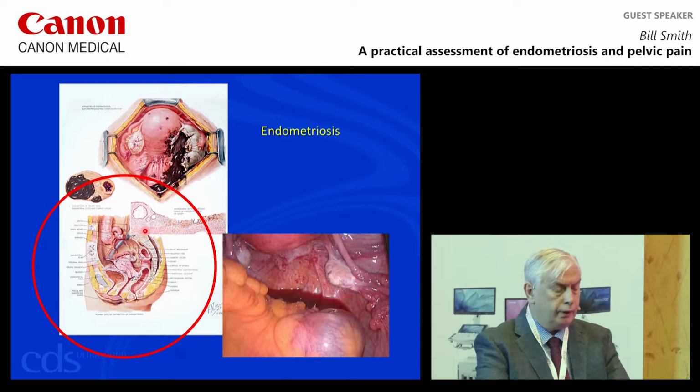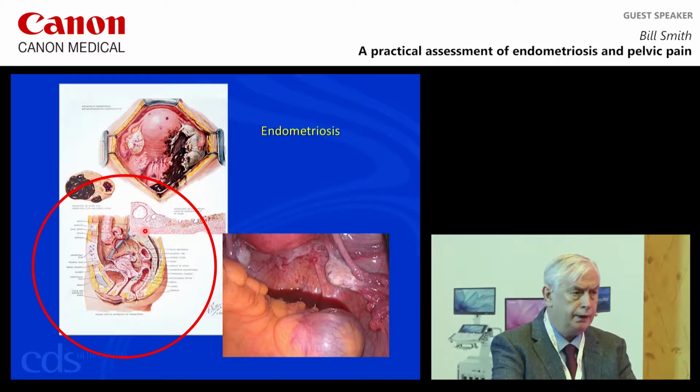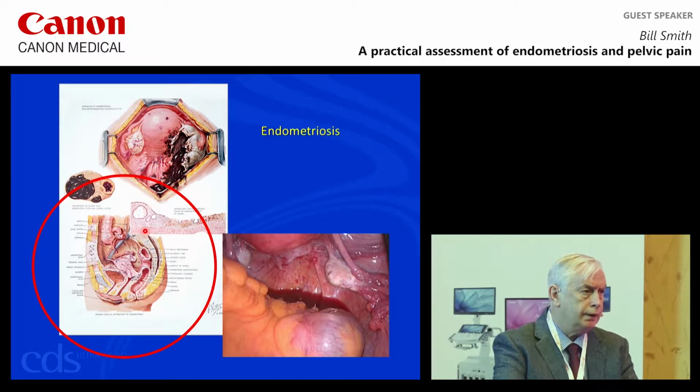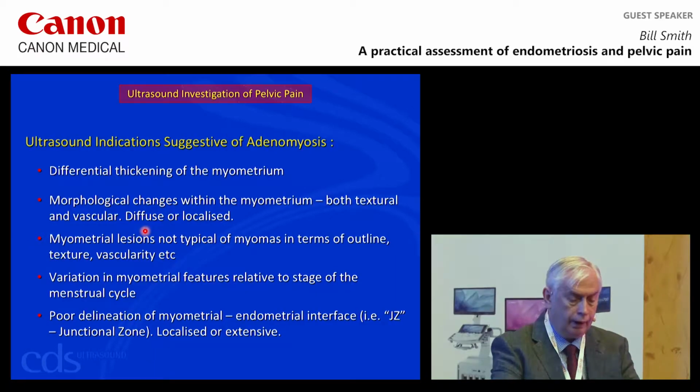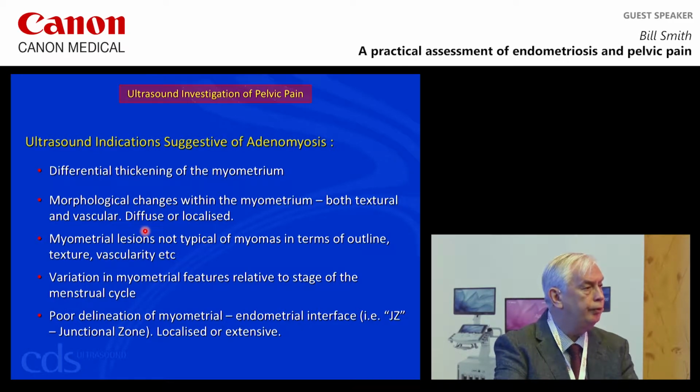So we move on to adenomyosis, and it's a strange situation. It's a situation that's difficult to actually prove histologically. But I think we are fairly agreed in terms of the ultrasound features that we look for in terms of the suspicion of adenomyosis.